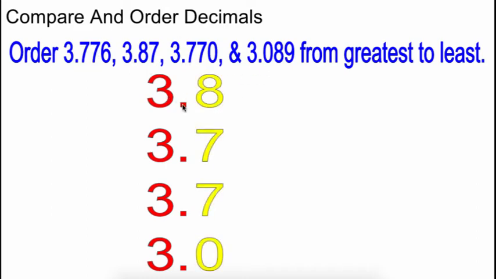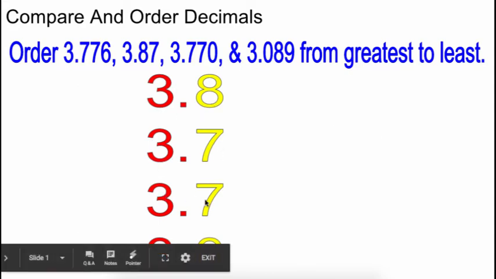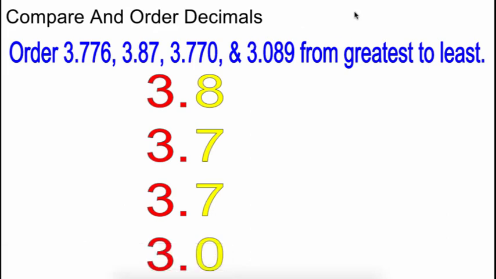So we have 3 and 8 tenths, 3 and 7 tenths, 3 and 7 tenths, and 3 and 0 tenths. That still doesn't get all of them in order though, because we still don't know which order these come in, and we don't know where, well, we do know where this one goes.